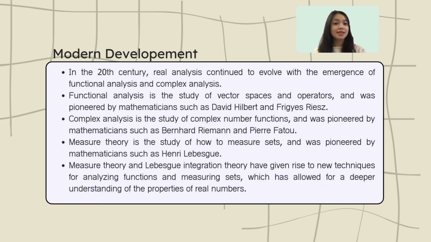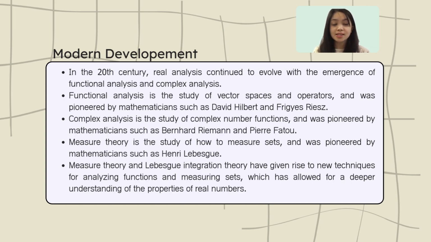In the 20th century, real analysis continued to evolve with the emergence of functional analysis and complex analysis. Functional analysis is the study of vector spaces and operators and was pioneered by mathematicians such as David Hilbert and Frigyes Riesz. Complex analysis is the study of complex number functions and was pioneered by mathematicians such as Bernhard Riemann and Pierre Fatou.